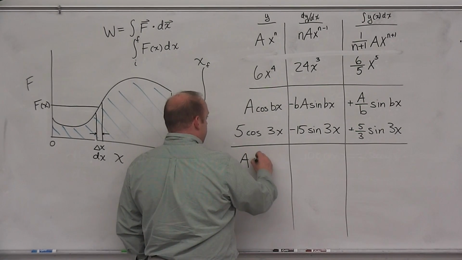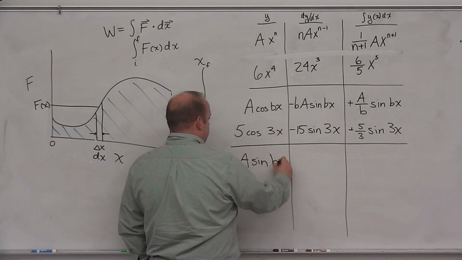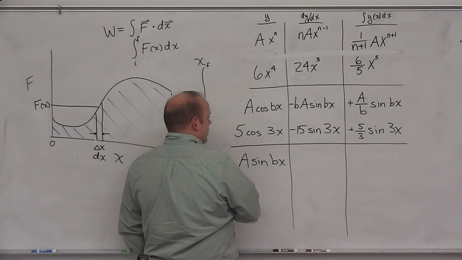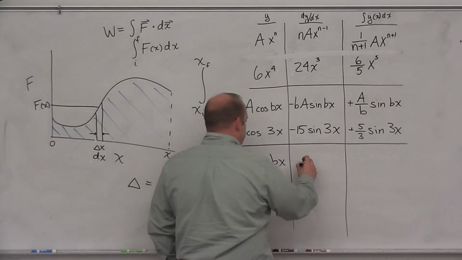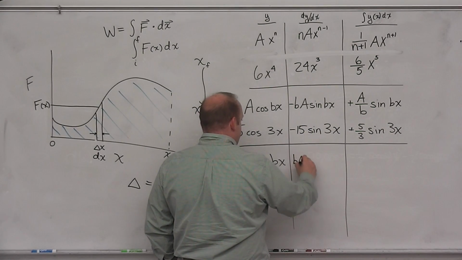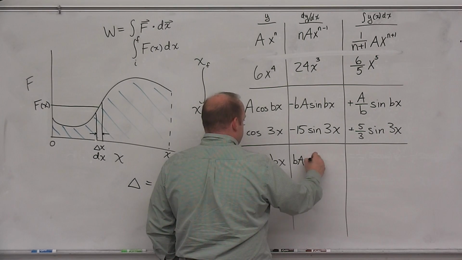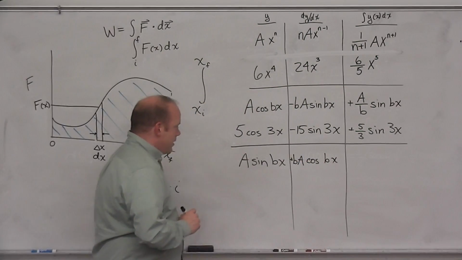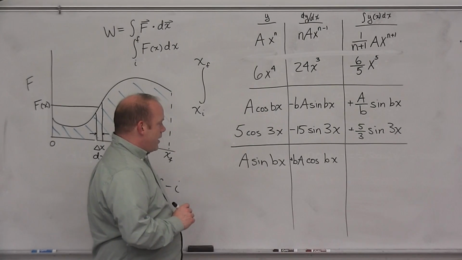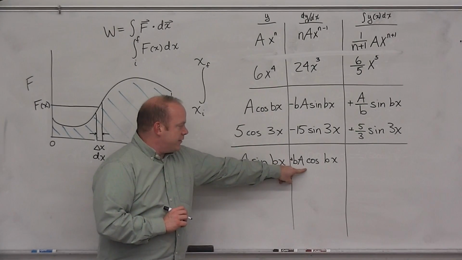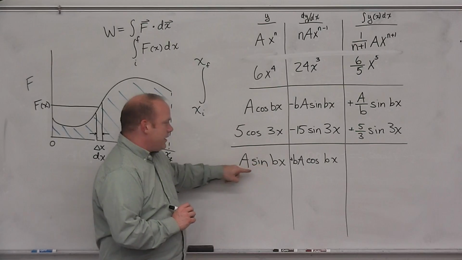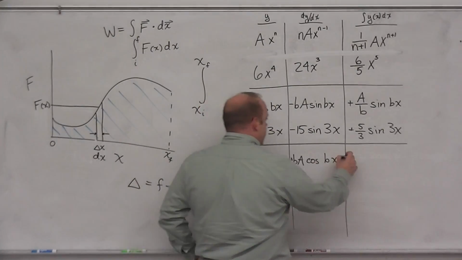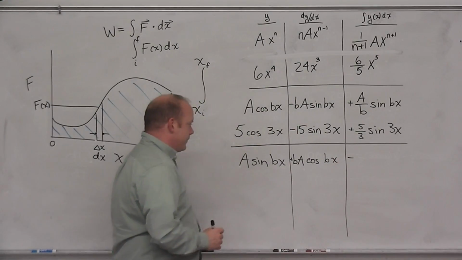A sine bx. Derivative of sine is cosine, so this would be ba cosine bx. This is positive. Derivative of sine is cosine, derivative of cosine is negative sine. So if I want to get this, I have to have a negative for the derivative.